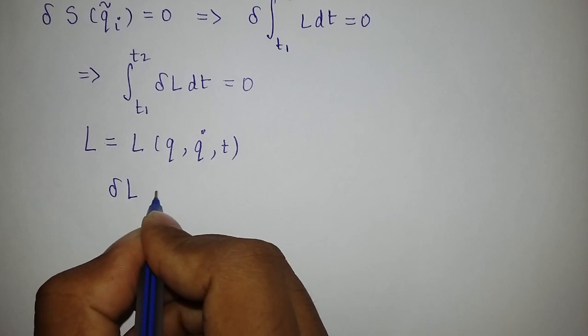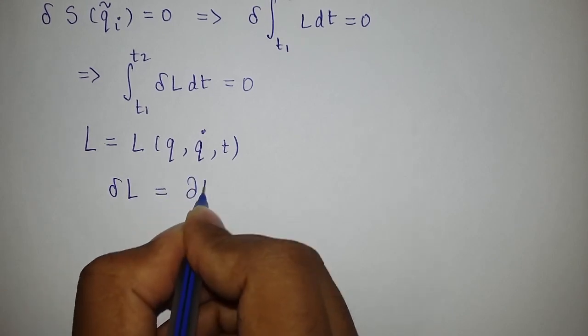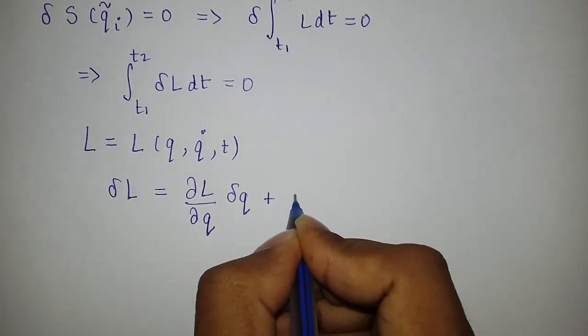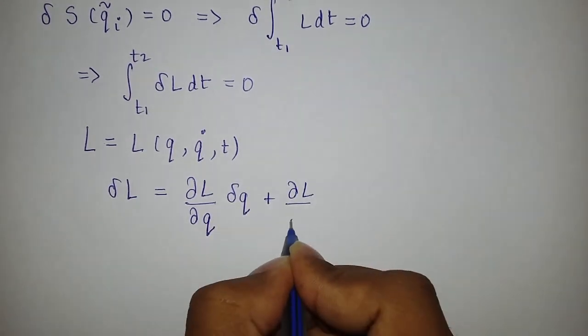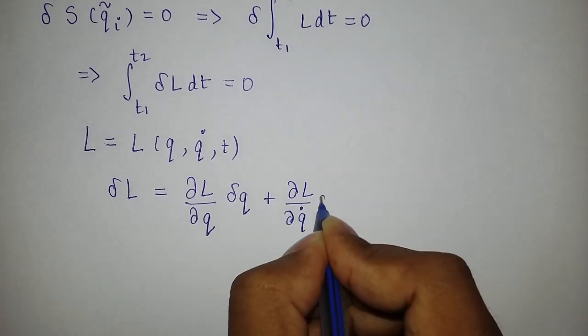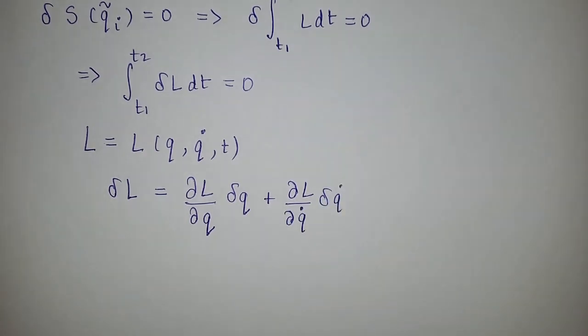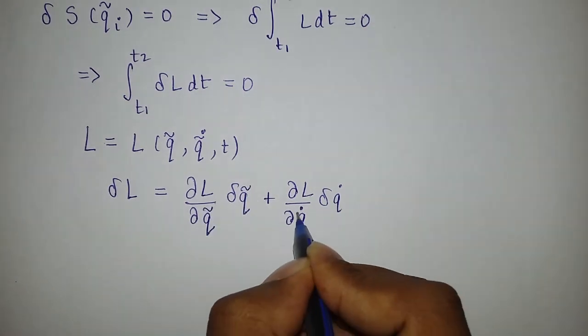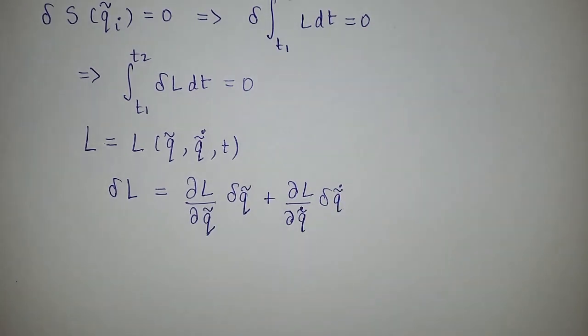Now we have delta L equal to dou L by dou q delta q plus dou L by dou q dot delta q dot. We are not considering dou L by dou t because the change in L is due to variation in q and not t. We use tildes here because this is for the shortest path. q tilde denotes the shortest path for which the variation in S is 0.